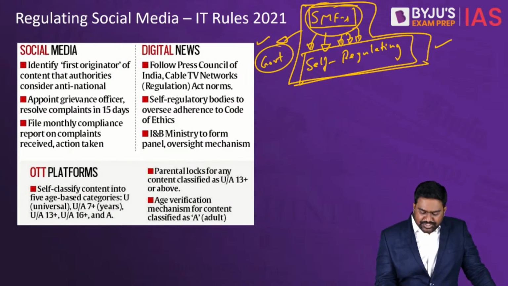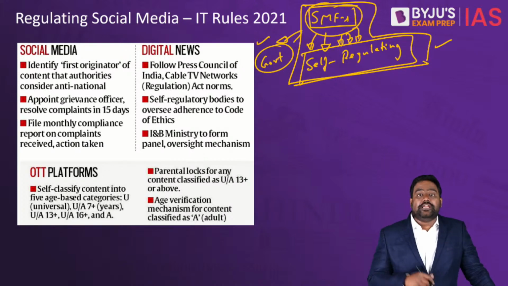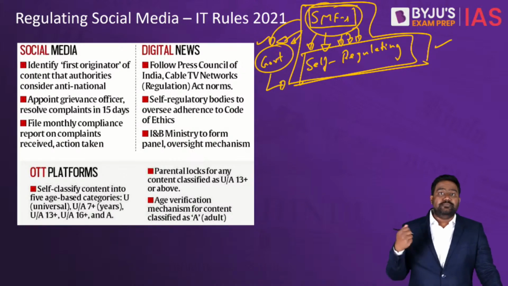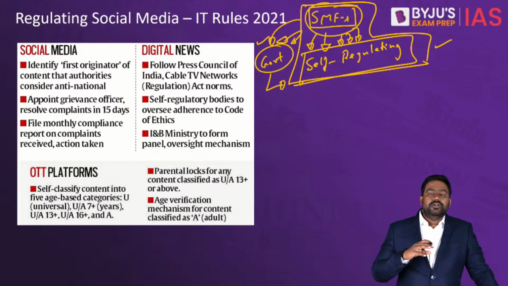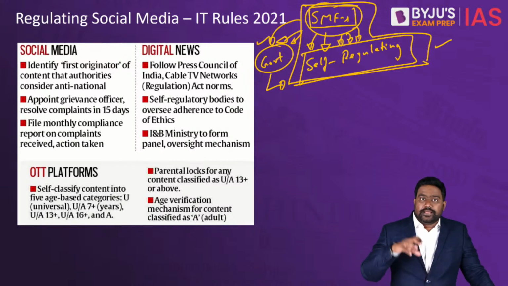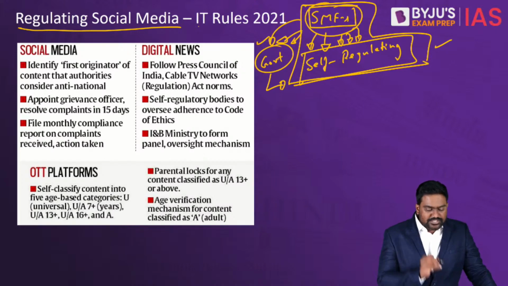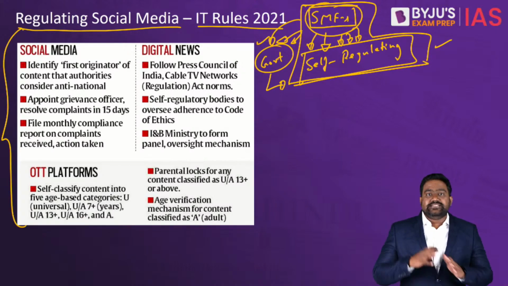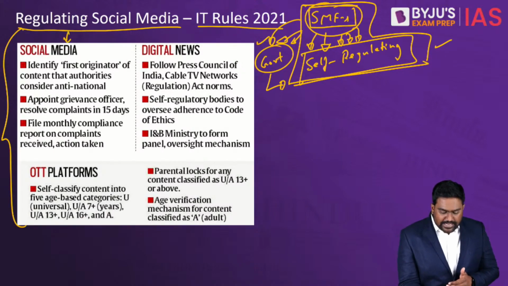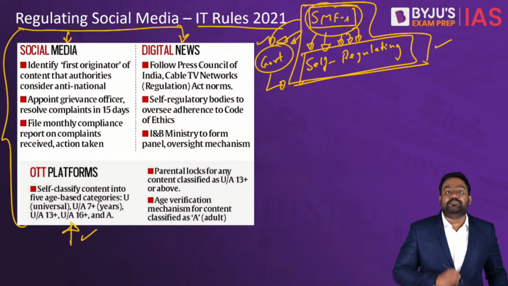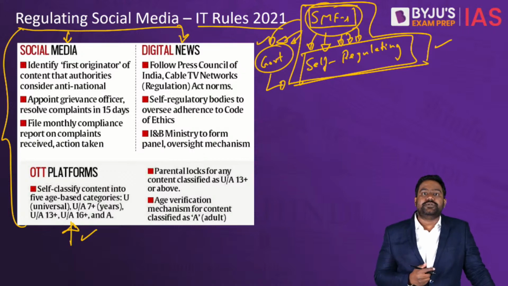The government of India has alleged that social media firms don't cooperate on time. They don't work with the government agencies and law enforcement agencies when it comes to dealing with fake news and misuse of social media. So as a result, the government felt the need to bring regulatory guidelines, which were notified under IT Rules 2021. These IT rules applied to social media intermediaries, digital news platforms, and OTT platforms, that is your streaming platforms.